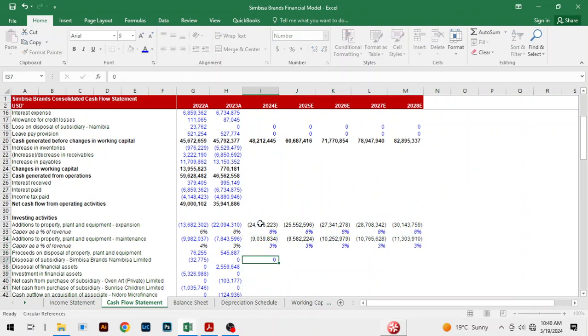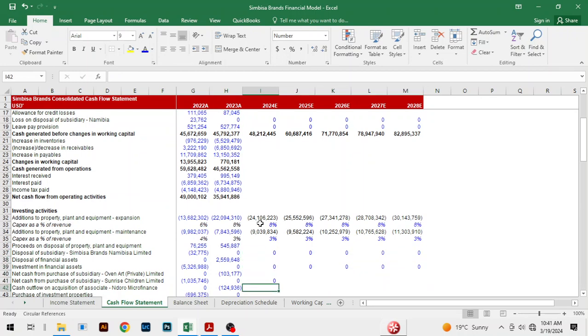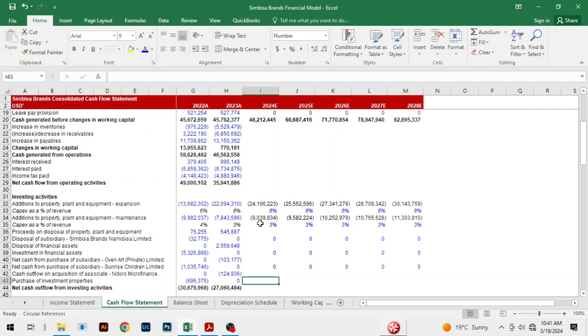So here we put a 0, here 0, here 0, because here obviously net cash, that won't, okay, unless we get information telling us otherwise.